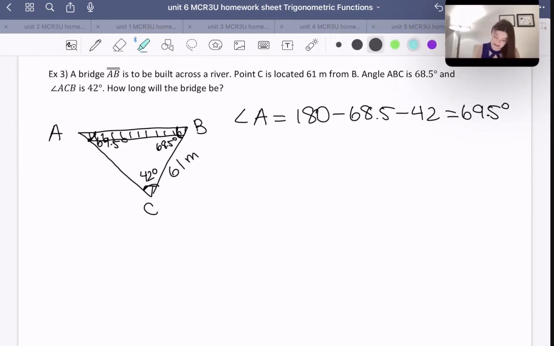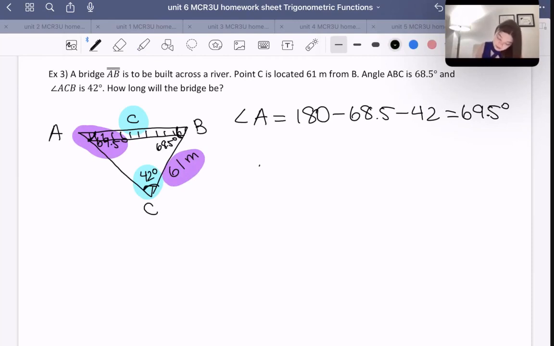We can say, well, what are we looking for? We're looking for side C, or in other words, the side that starts at A, ends at B, that is opposite to C. That's what we're looking for. And we have the angle is 42 degrees. We also have 69.5 degrees, which we just solved really quick, and that 61 is our opposite there.